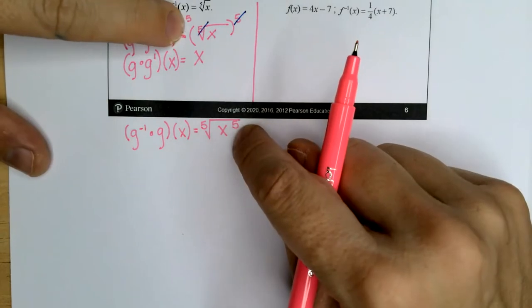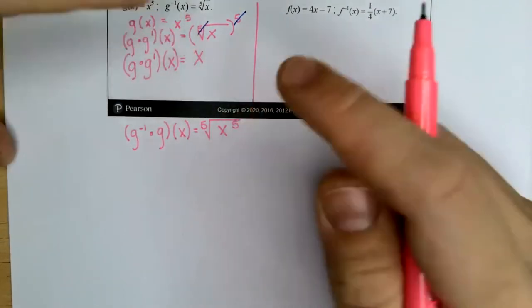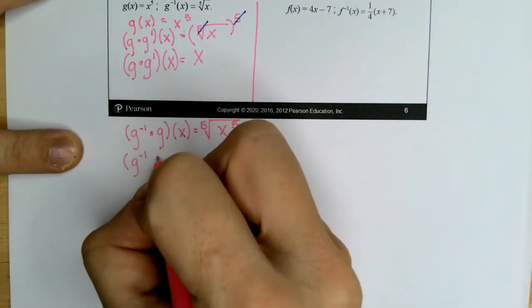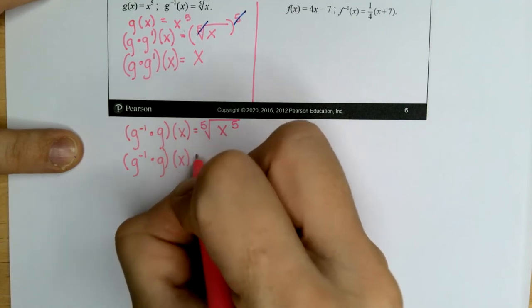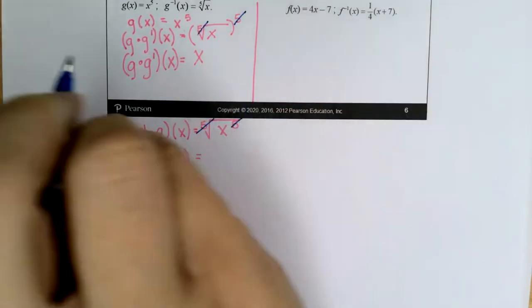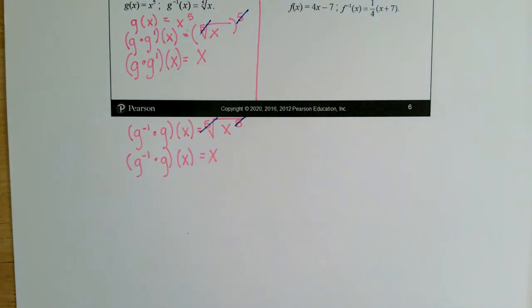So do you see how they kind of just switched positions? The 5 was out here. Now the 5 is under there. They will still cancel. So the inverse of g of x is same cancellation, still x. Okay.